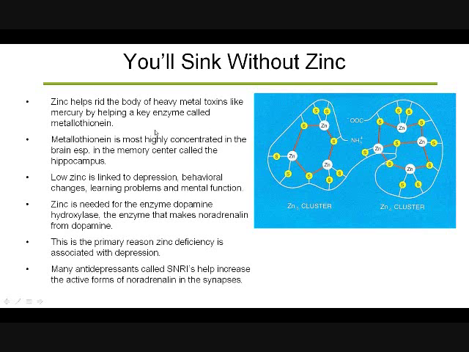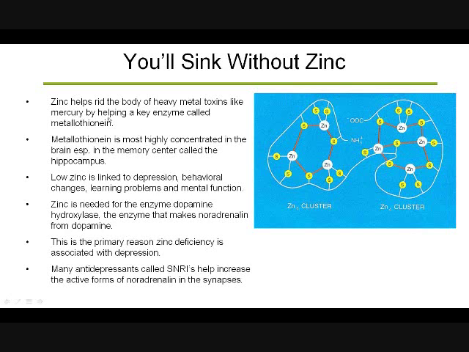It's found mostly in the kidney and the brain and in the memory centers of the brain. Metallothionein is a zinc-dependent protein. You see all the zinc molecules in a molecule of metallothionein. This helps detoxify certain heavy metals so your body can flush them out in the urine.